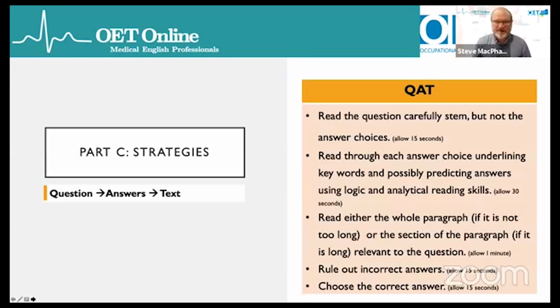Now the QAT is definitely a strategy that you will use sometimes. And in this method, we're still going to read the question stem, so we use 15 seconds. But then we're going to go through the answer choices. And why would you do this? Well, obviously, you might want to get a general idea what you're looking for.